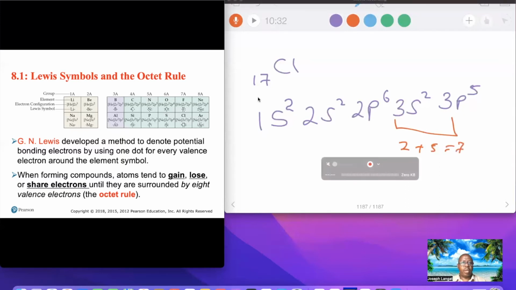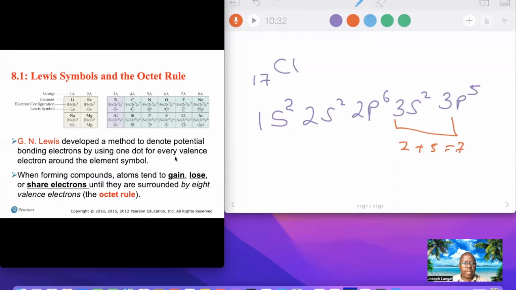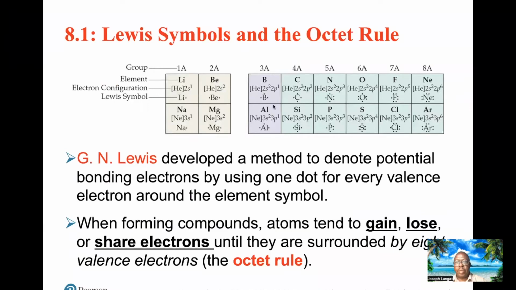But you don't have to write the electron configuration for elements to identify the valence electrons. Given the periodic table, by now you know the vertical columns are groups.